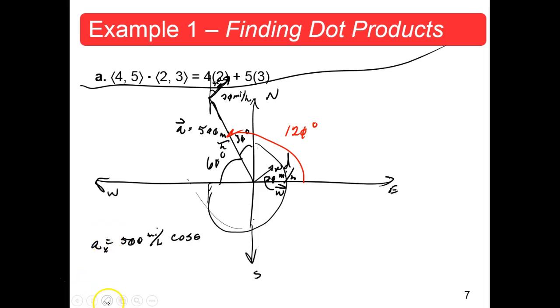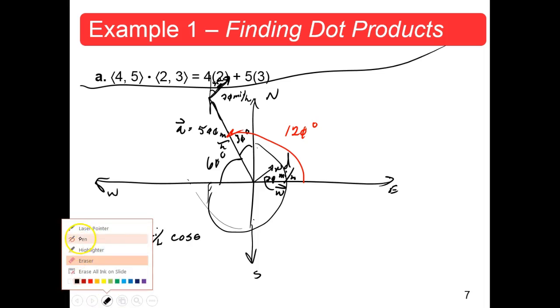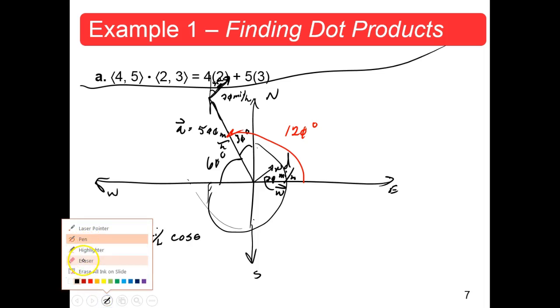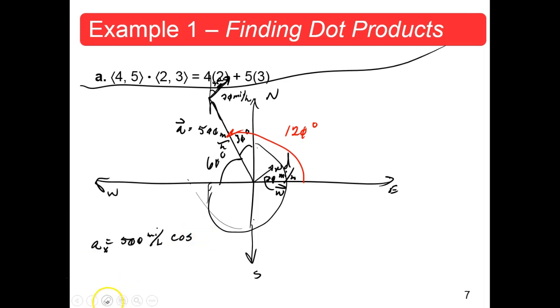So I'll take off the vector symbol since I'm just doing a component and just say a sub x. The reason I hesitate there is that quite often in physics that's acceleration, but this is not. This is the airplane vector times the cosine of theta, and that theta is, of course, our 120 degrees. Let me write in that 120 degrees, okay?